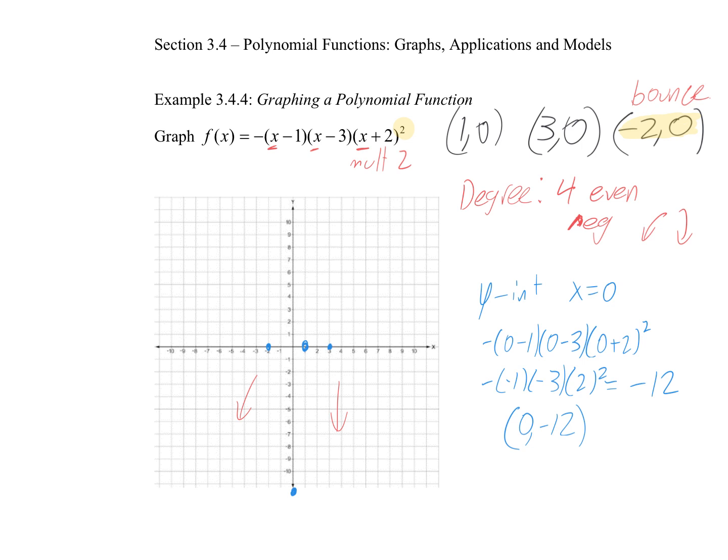And so basically we're going to connect this, and it's going to go up, and we're going to touch the negative 2 but turn back around, okay? And so it'll come back down, and I'm going to draw that line connecting all the way down here at negative 12, right off of my graph a little bit, okay?